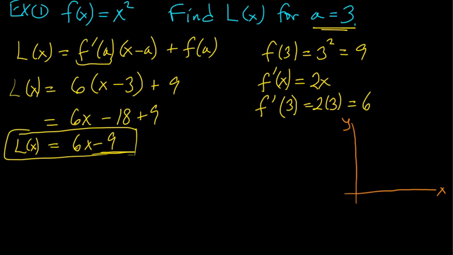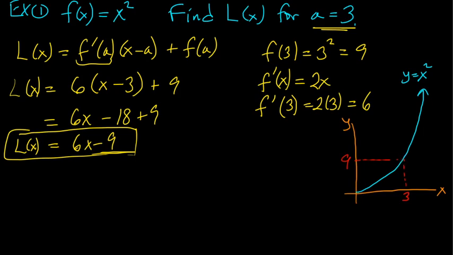So let's start with f of x, which is x squared. I'm going to sort of exaggerate a little bit. So pretend this is y equals x squared. And I'm going to place my a right about here. Right. So again, this is not to scale, because then the y value we know is 9. 3 squared is 9.